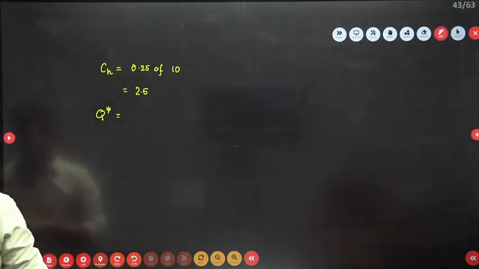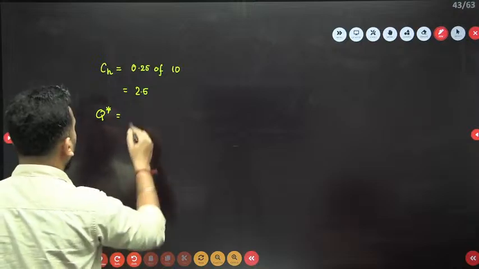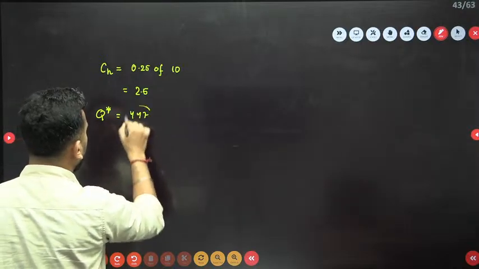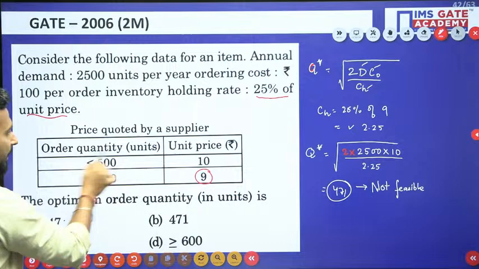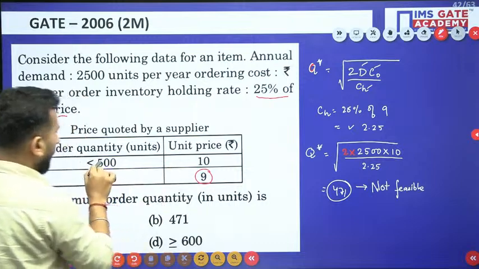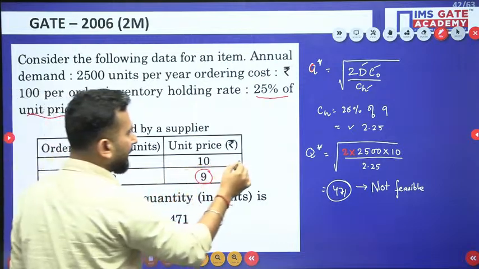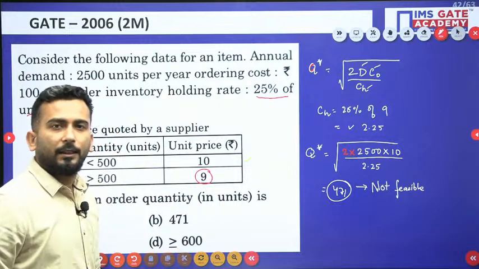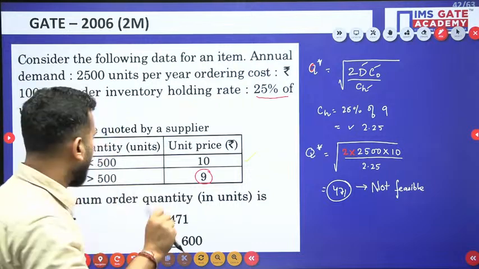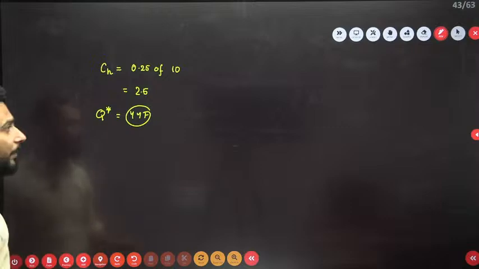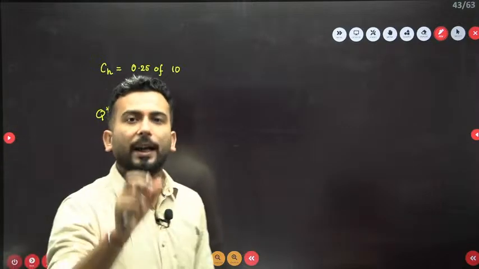And when you find the Q star, it will come out to be 447, and then you will see whether it is falling in the feasible range. Yes, the quantity is less than 500 for 10. Yes, it is falling in the feasible range. So now you have to compare your total cost at two places.